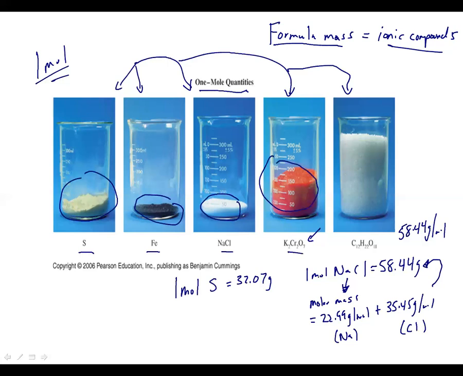So sometimes people use formula mass instead of molar mass, but for us in here, we will use molar mass for everything, ionic and covalent compounds. But you will sometimes see formula mass or something like that used. And again, formula mass is sometimes used for just ionic compounds, instead of molar mass.